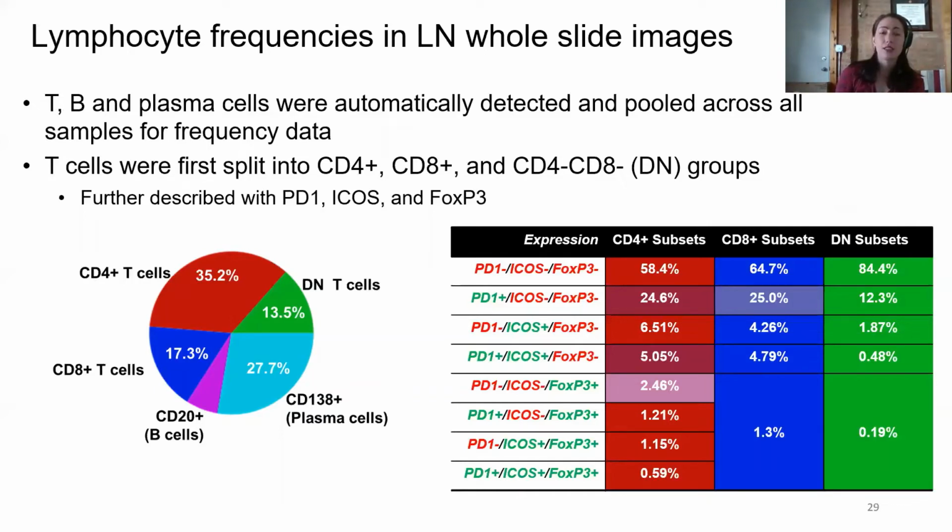And so if we look at the distribution of what would be our CD4 negative T cells, so our CD8s and our double negative, you can see there's actually pretty even representation of CD8 positive T cells and double negative T cells in these images, and a pretty significant number of plasma cells as well. On the right, you can see further classification based off of PD1, ICOS, and FOXP3.